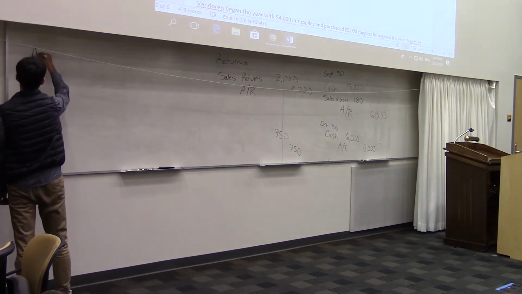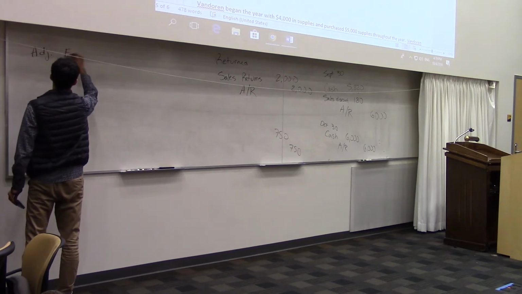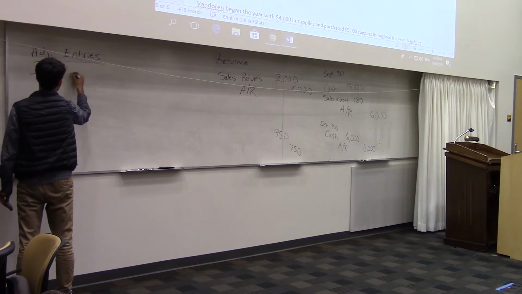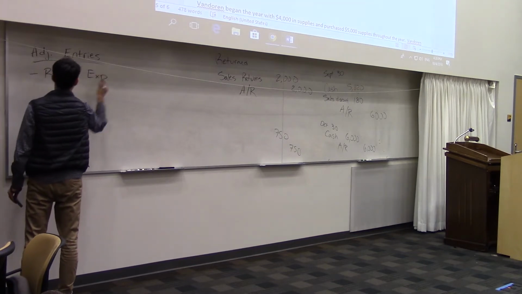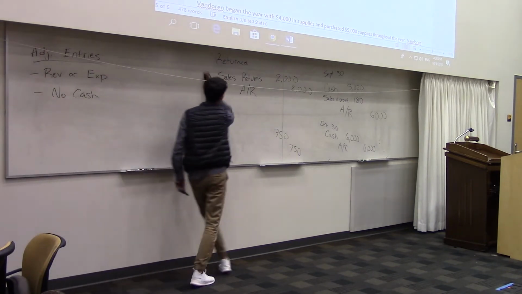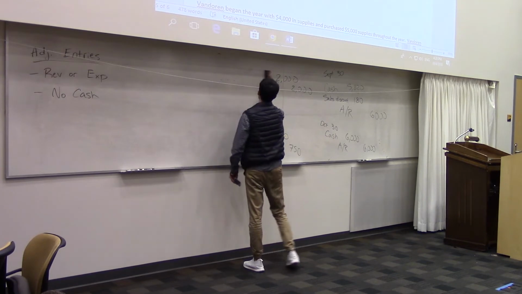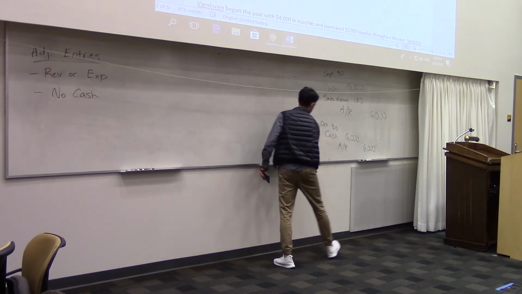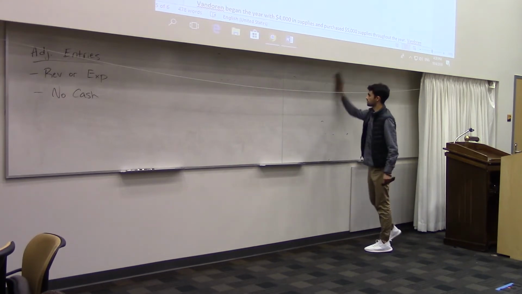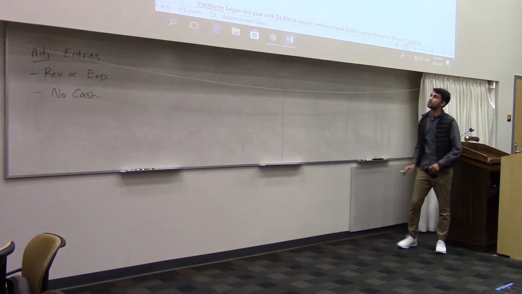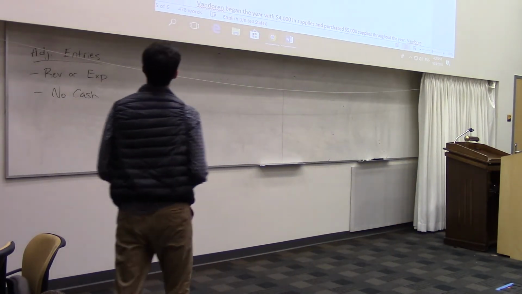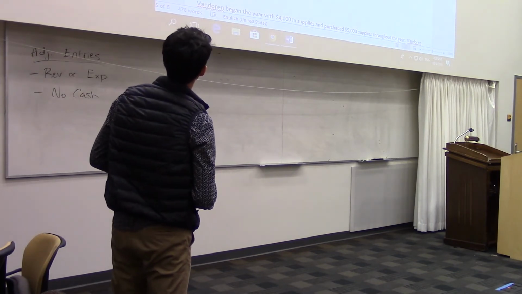And so the two rules for an adjusting entry: there has to be a revenue or an expense, and there's no cash involved. Those will always be true. So we're starting off with a hard one.